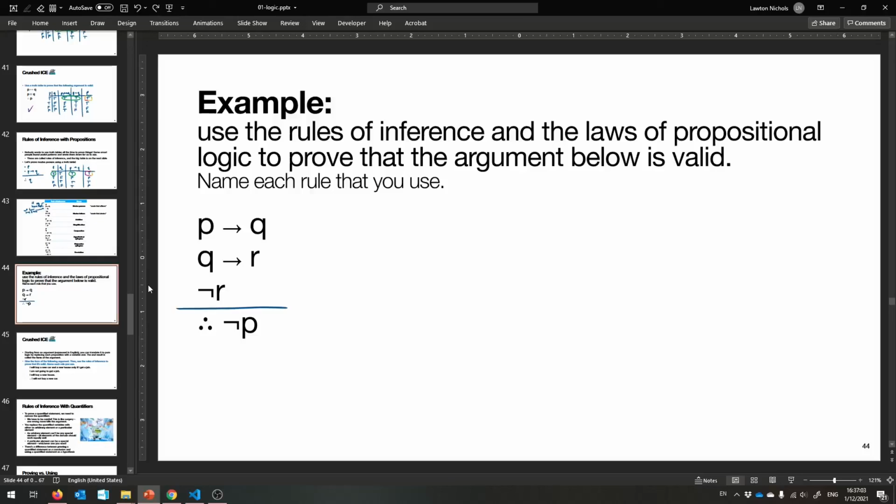Okay, so these are my hypotheses. I am next going to show that, starting from those hypotheses, P implies R is true, and the reason is hypothetical syllogism.